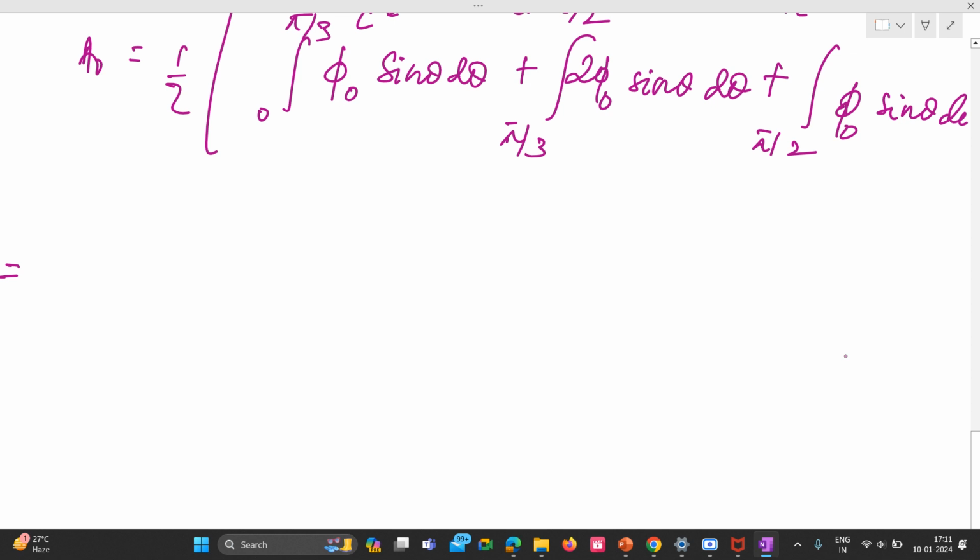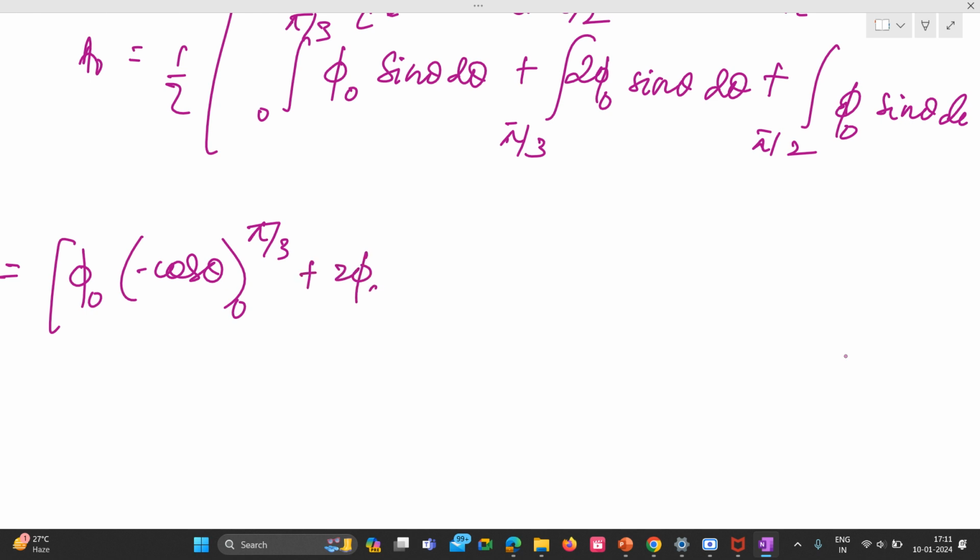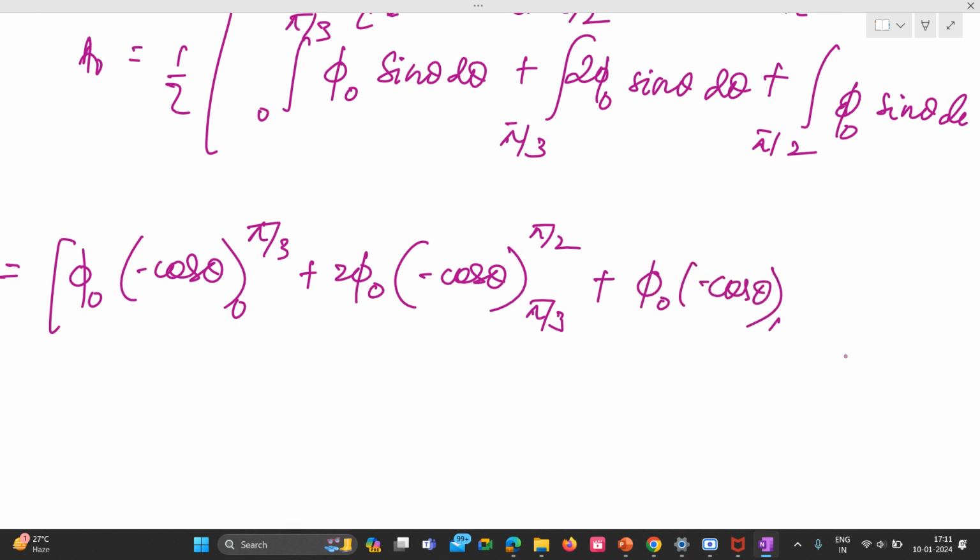This is phi naught, and minus cos theta from 0 to pi by 3, plus 2 phi naught minus cos theta from pi by 3 to pi by 2, plus phi naught minus cos theta from pi by 2 to pi.